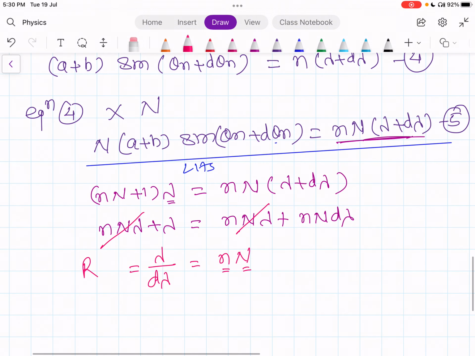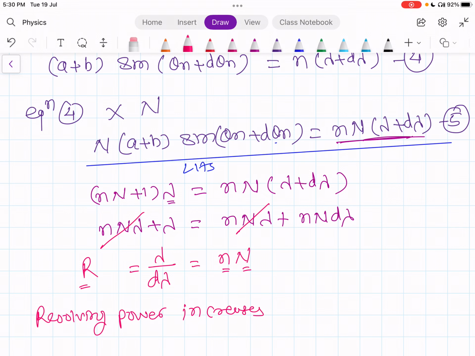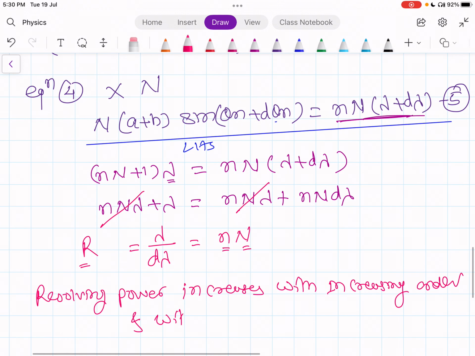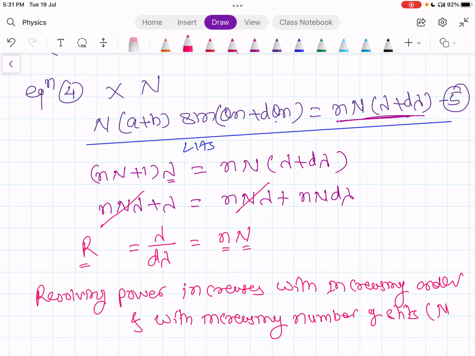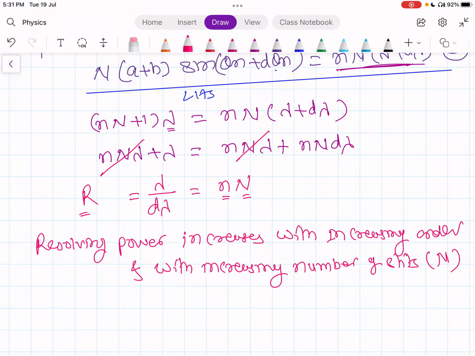So from this equation you can see that R, the resolving power, increases with increasing order and with increasing number of slits, where the number of slits is capital N. So what do we get when the order n equals 0, the zeroth order?